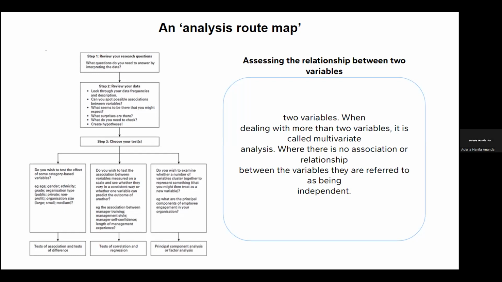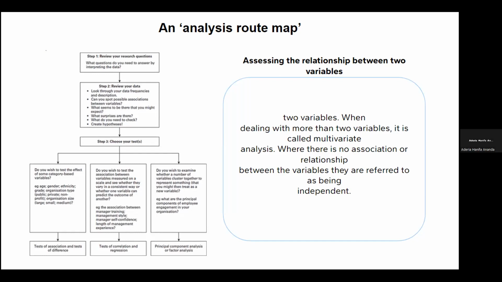And jump to step 3, we can choose the test. The first question might be, do you wish to test the effect of some category-based variables, for example gender, ethnicity, grade, organization, or organization type like public, private or non-profit, organization size like large, small, medium?